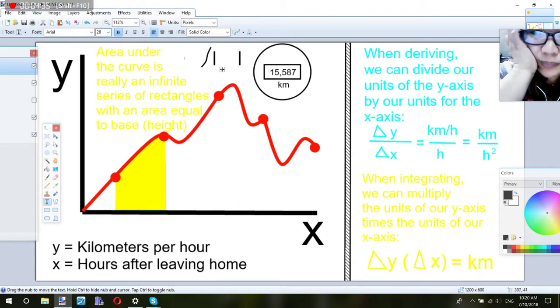So if we don't care about direction, then we'll get the total distance traveled instead, from A to B. Okay. So if I want to do that, my units are still y times x, so I'm still looking at kilometers. But because I've taken the absolute value, any negative values, anything below the curve, would end up being positive instead.